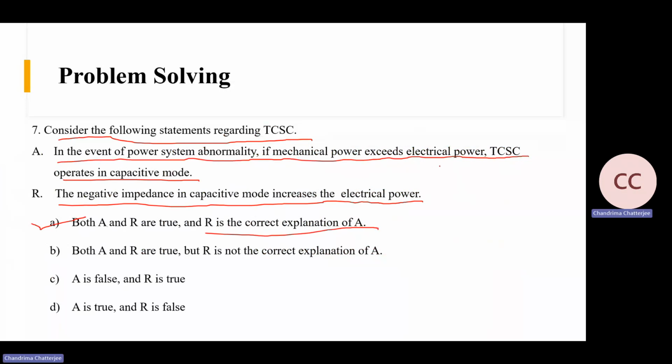So the electrical power increases when the TCSC is in capacitive mode, and the electrical power decreases when the TCSC is in inductive mode.